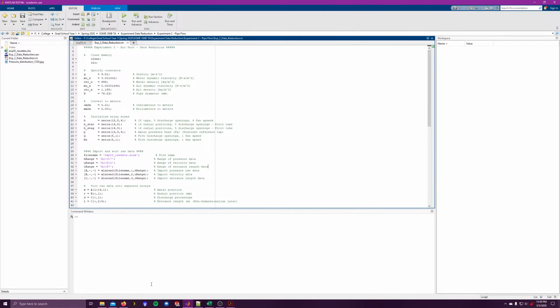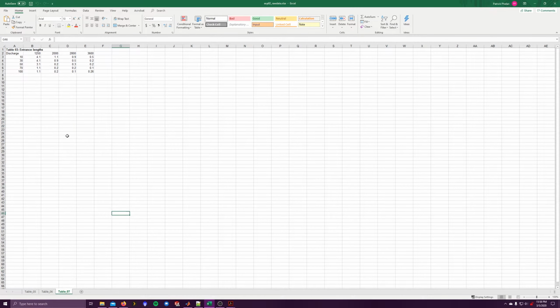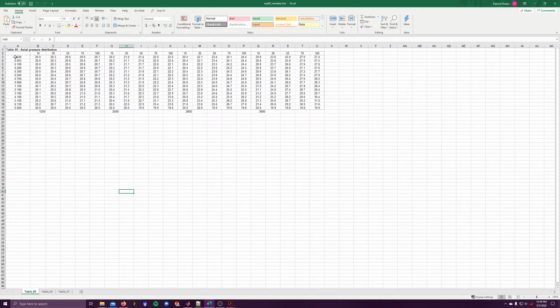So x equals the axial position. We're on our first sheet here, so it's 1 to 14 for our rows, and in this first column. Remember, this last row is just for the reference pressure, so we don't need that.